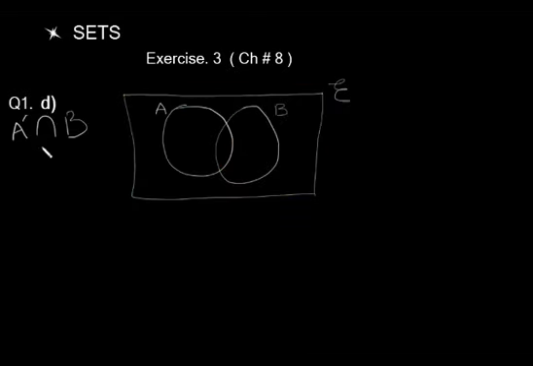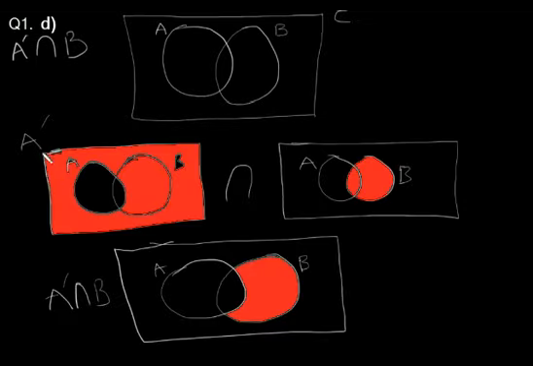In part D, it says A complement intersection B. Right, so this is the A complement which we just solved in the previous part C. This is the A complement, right? And we're looking for the intersection of A complement with B, and this is B, right guys?